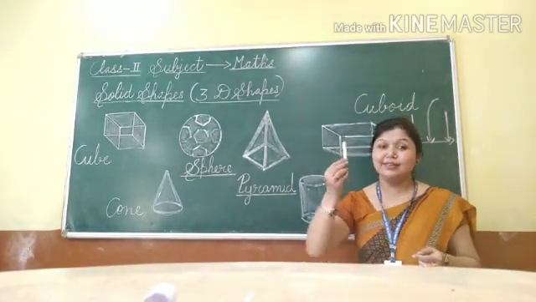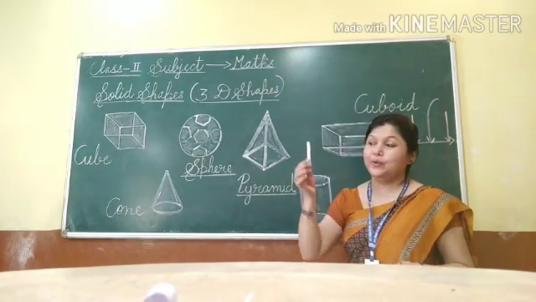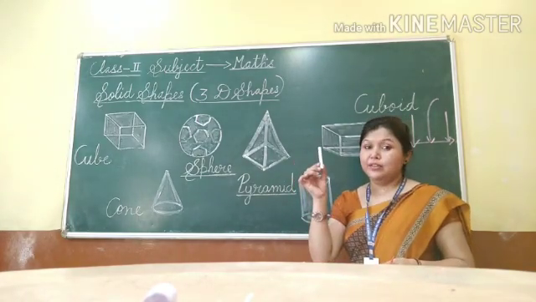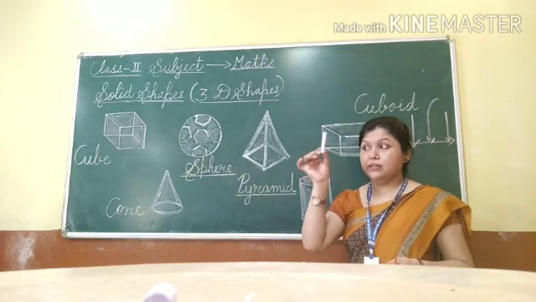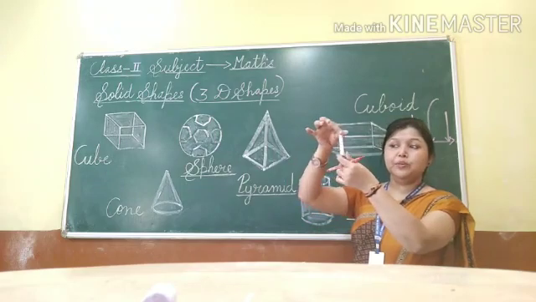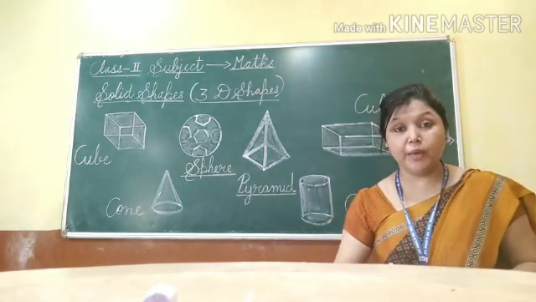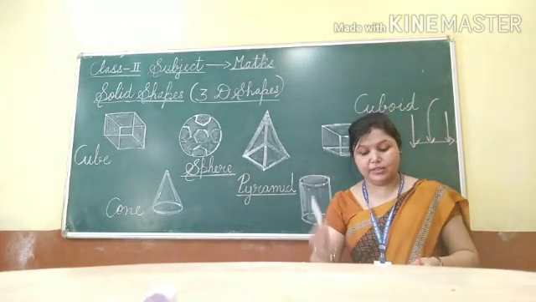And what is this? You know, this is chalk. You are very familiar with this shape, but do you know the name? This shape is known as cylindrical shape. The shape of a chalk is cylindrical.